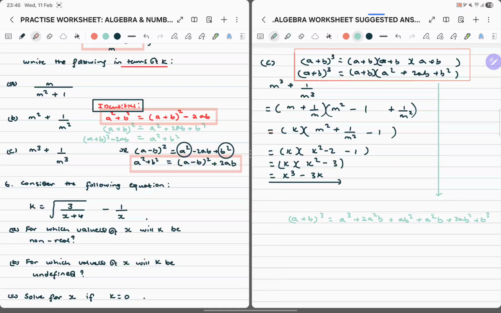Now let's try and isolate these dudes. We're going to have a cubed plus b cubed, so we are done with that.